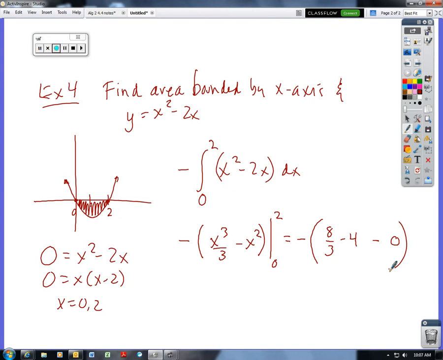So we've got 8 thirds minus 4. We need a common denominator of 3. 8 minus 12 is negative 4 thirds, and then there's that negative out front, so lo and behold we do indeed get a positive area, and that's going to be units squared since it's an area. So first one wasn't too bad.